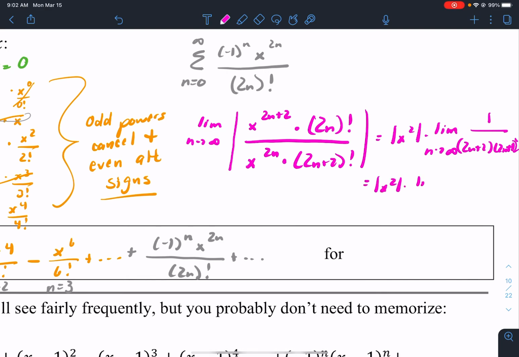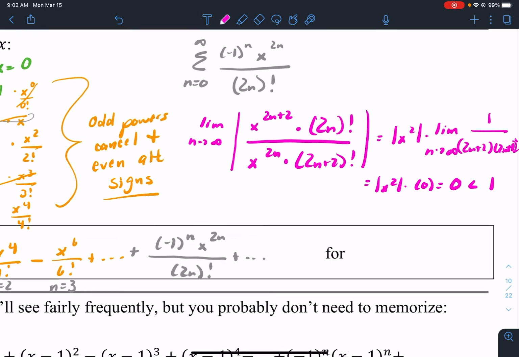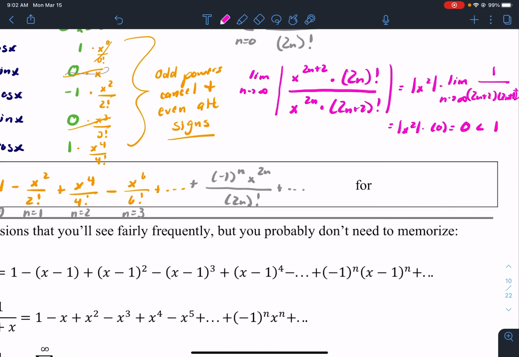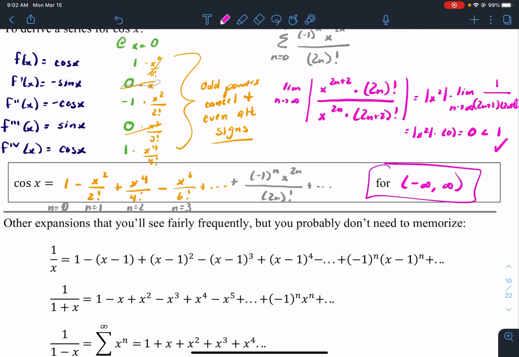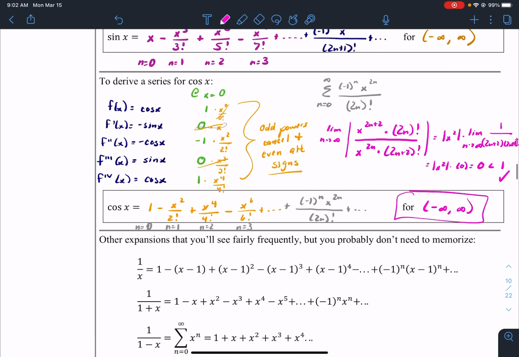That limit is 0. So when you multiply x squared by 0, you get 0, which is always less than 1. So the interval is going to be from negative infinity to infinity, which we expected, but we did want to confirm it using the ratio test. I'm sorry you couldn't see that. It got a little messy there.